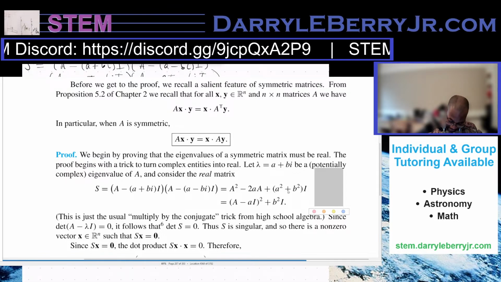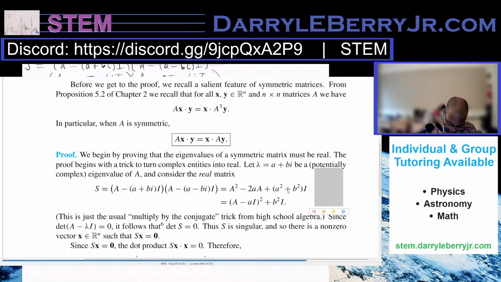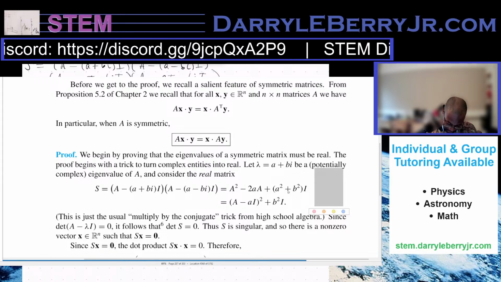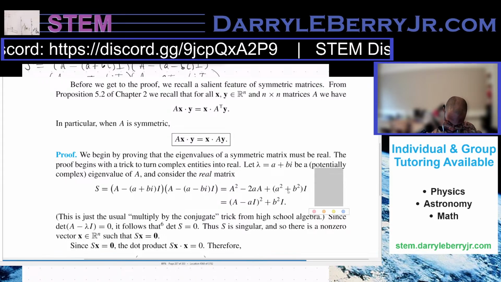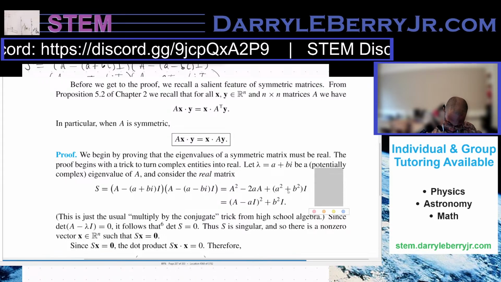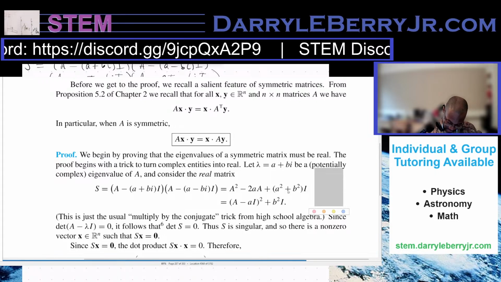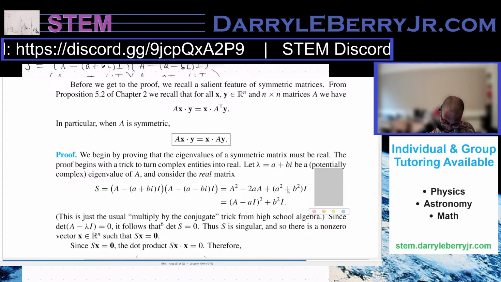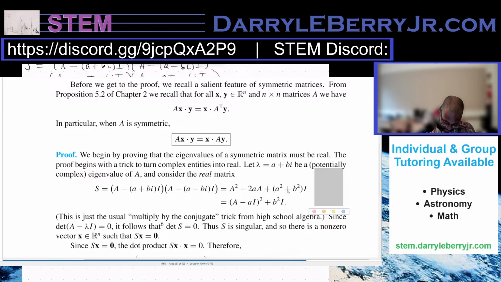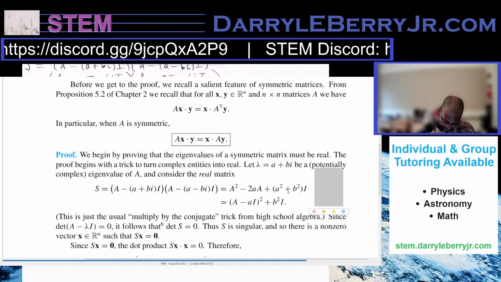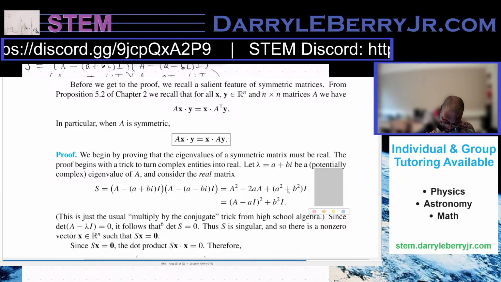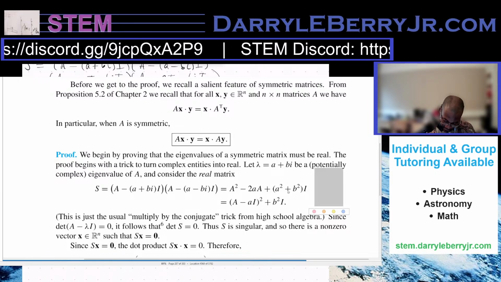so in other words, I think what they're doing is, like if I have an identity matrix that equals 1 plus 0, 0 plus 0, and 0 plus 0, 0 plus 1.